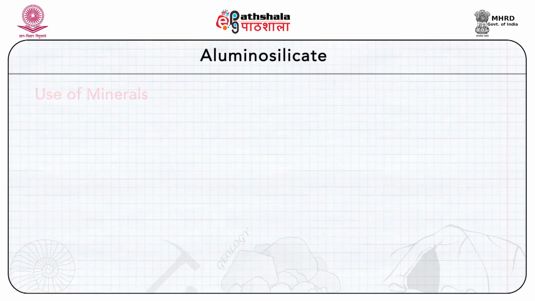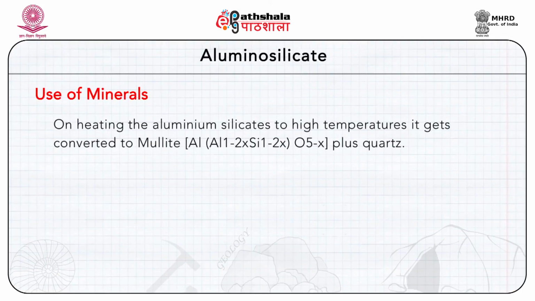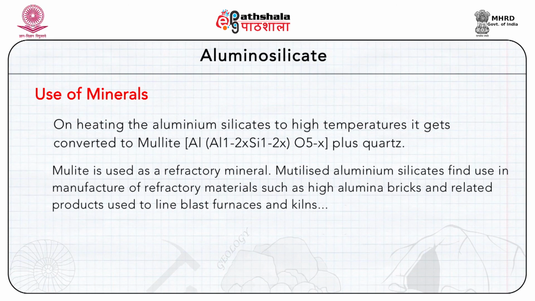Now, we will discuss the use of these minerals. On heating to high temperatures, the aluminum silicates get converted to mullite plus quartz. Mullite is used as a refractory mineral.